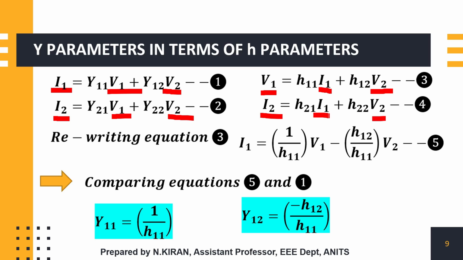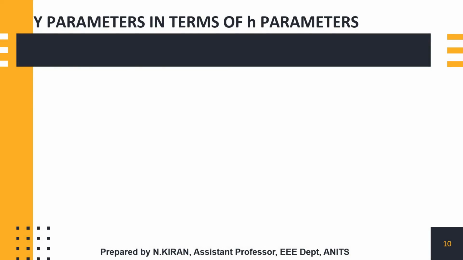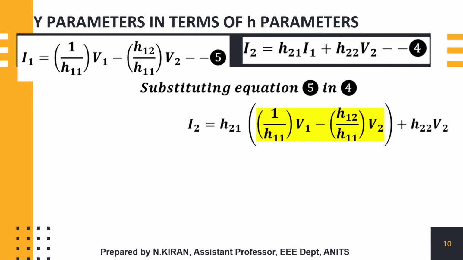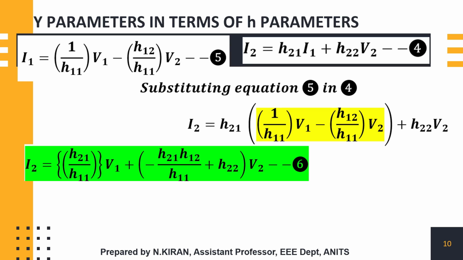So I have to eliminate the I1 variable, and that I can do by substituting the fifth equation in the fourth equation.